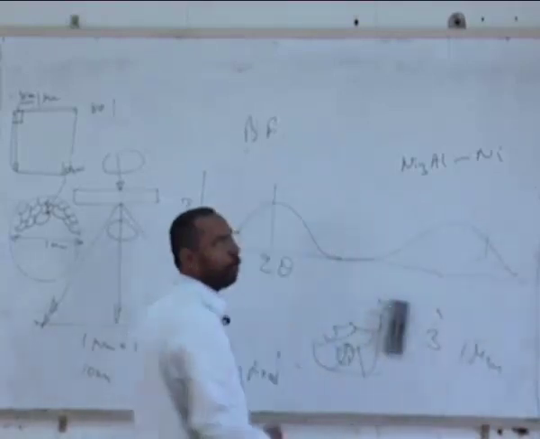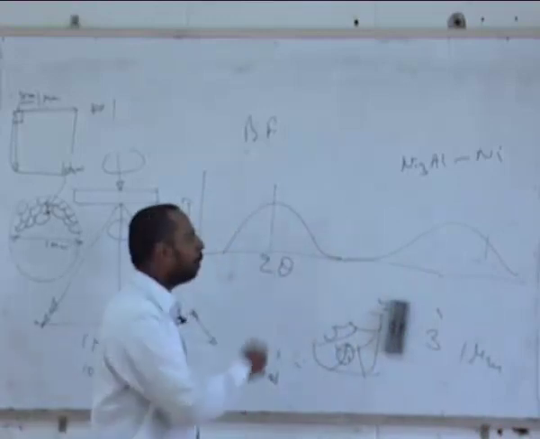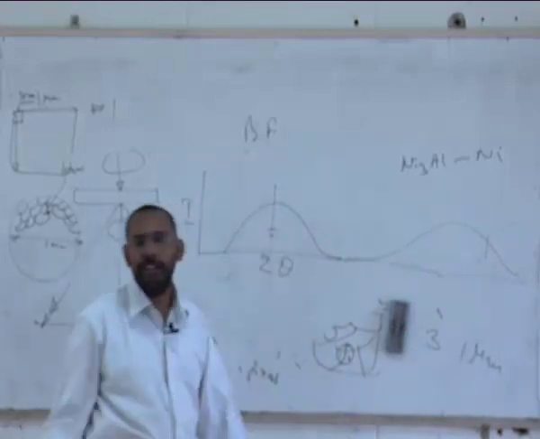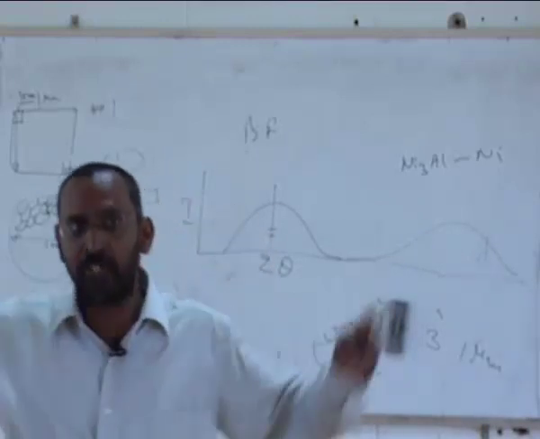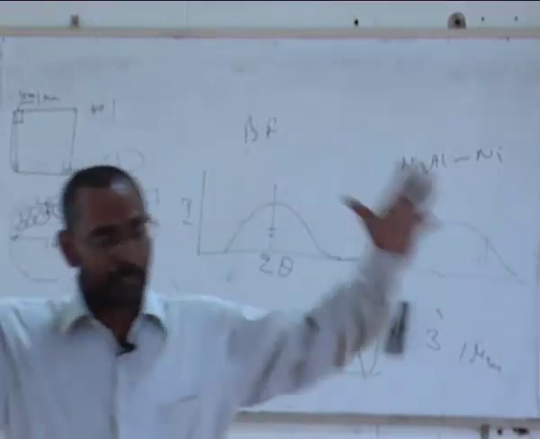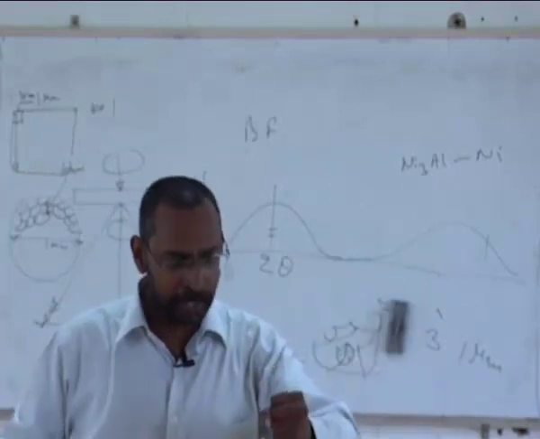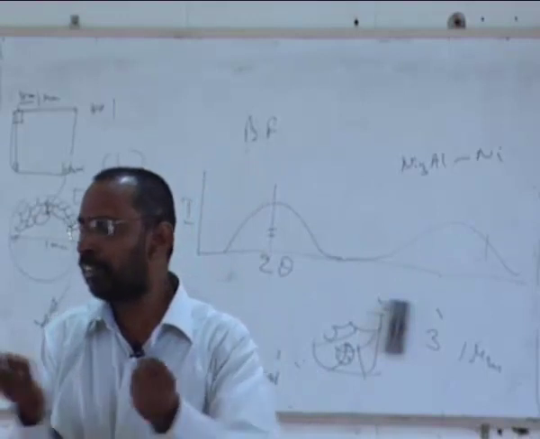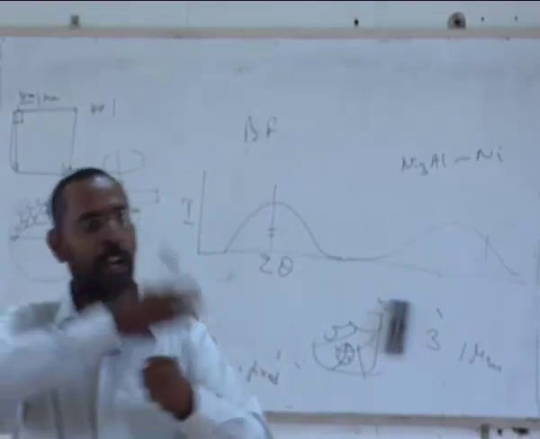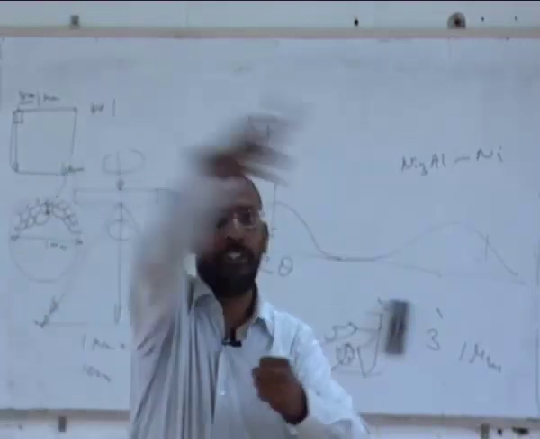And the peak position gives me an idea of what is called the first nearest neighbor distance, average first nearest neighbor. In an amorphous material, if I have an atom here, I do not have equally spaced atoms around, because it is not periodic. There is no periodicity. But I have atoms all around it.